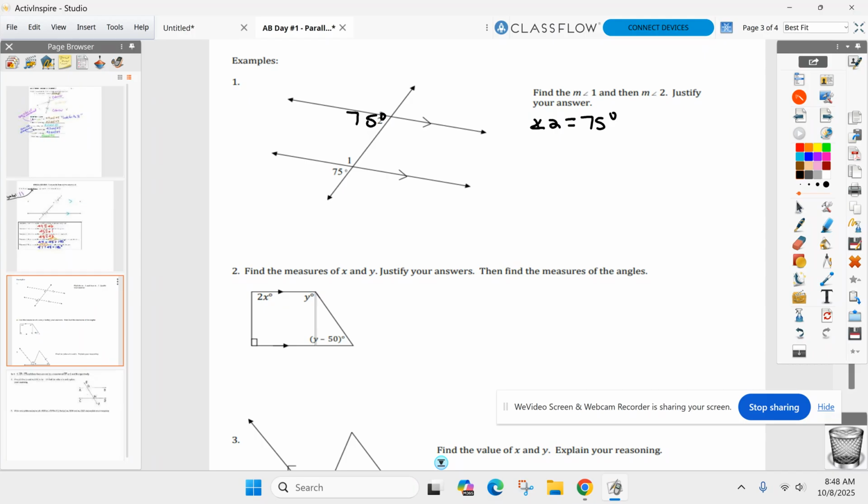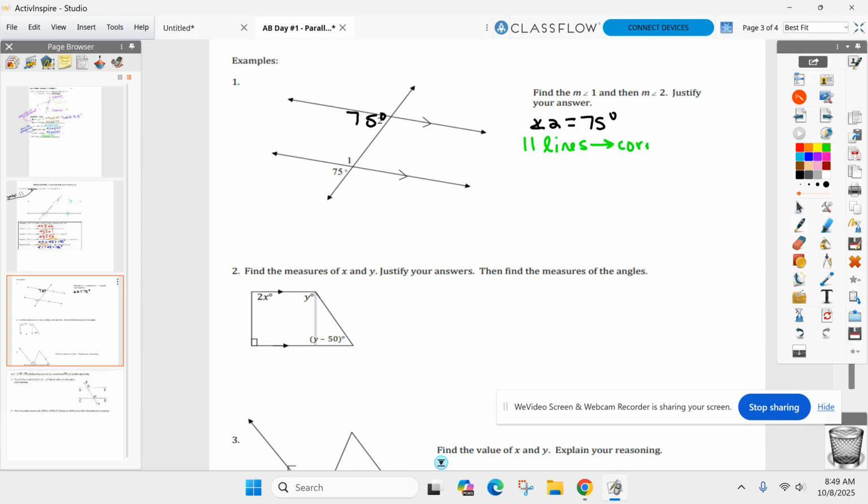How do I want you to write that? Everyone ready? I gave you parallel lines. Here's our justification why Eli knew it was 75. Parallel lines imply, with an arrow pointing to the right, corresponding angles are congruent. So if I have parallel lines, Eli, one more time, what type of angles were they?